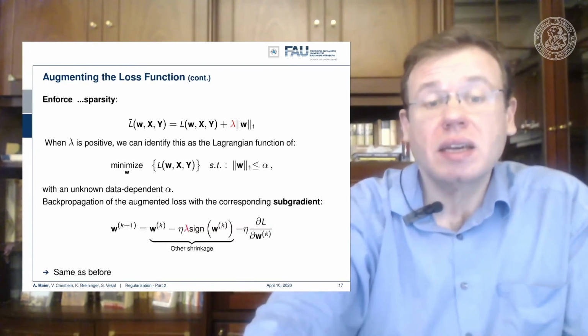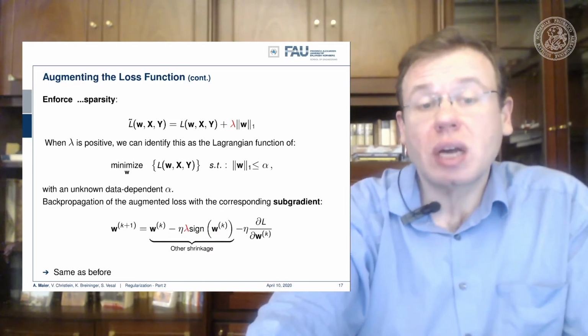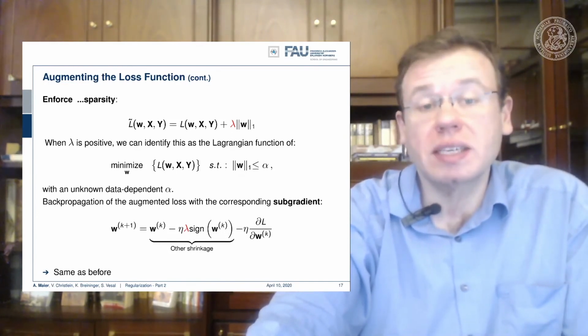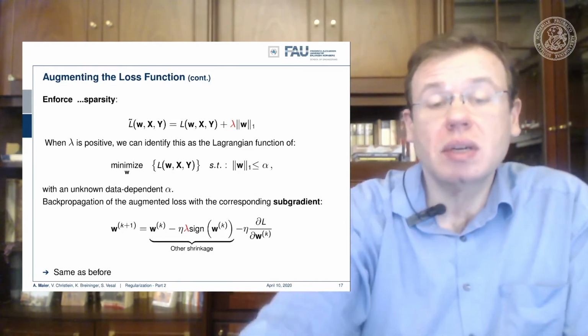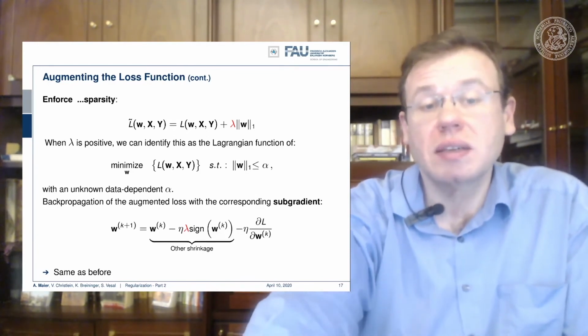And here we simply get a different shrinkage operation, which now involves the use of the sign function. So this is again an implication of the subgradient. A different way of shrinkage has to be employed in order to make this optimization feasible. But again, we used exactly the same gradient for the loss function as we used previously. So only the shrinkage is exchanged.